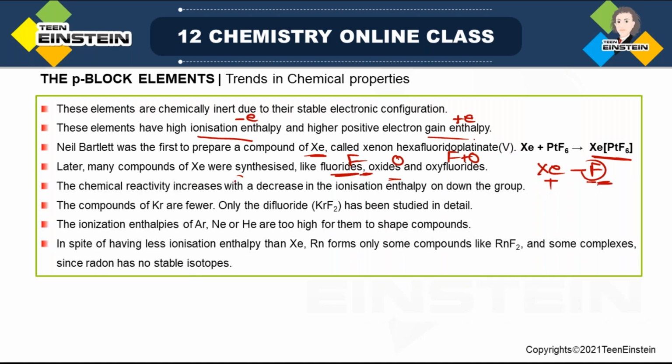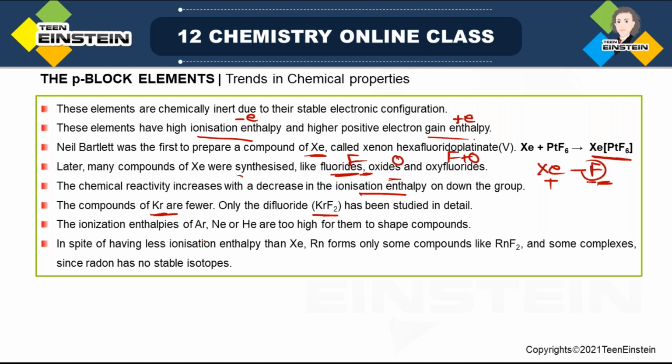Chemical reactivity increases with a decrease in ionization enthalpy down the group, and that is why the compounds of xenon are most common. After xenon there is radon also, but as it is radioactive we do not consider it. Compared to xenon, compounds of krypton are fewer. Only this one is known and studied in detail.